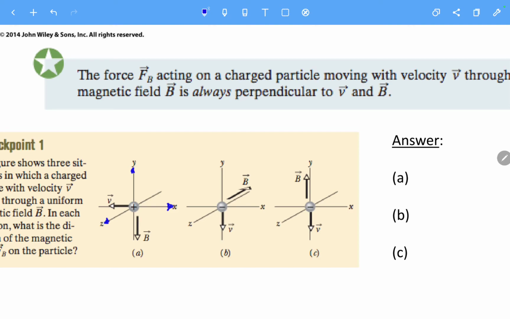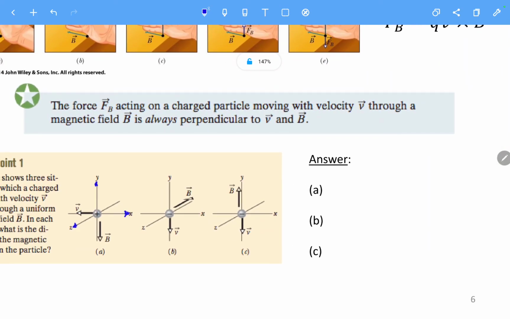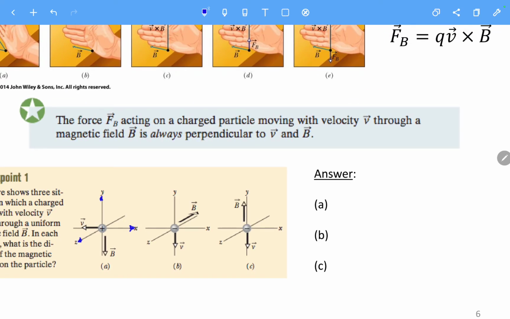Any other opinion? Positive. Oh, is it you? Maybe you answered simultaneously.